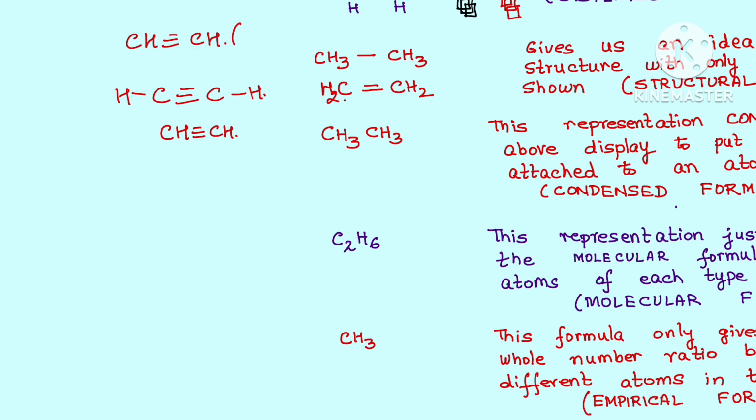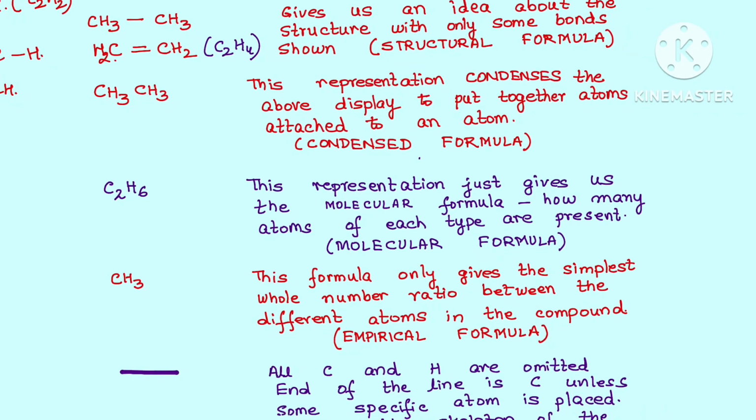I am simply going to write it as C2H2. If I have to represent this compound, I will simply write it as C2H4. Molecular formula, a representation or formula which just gives me the exact number of atoms of each type present in one molecule of the compound, hence the name molecular formula.